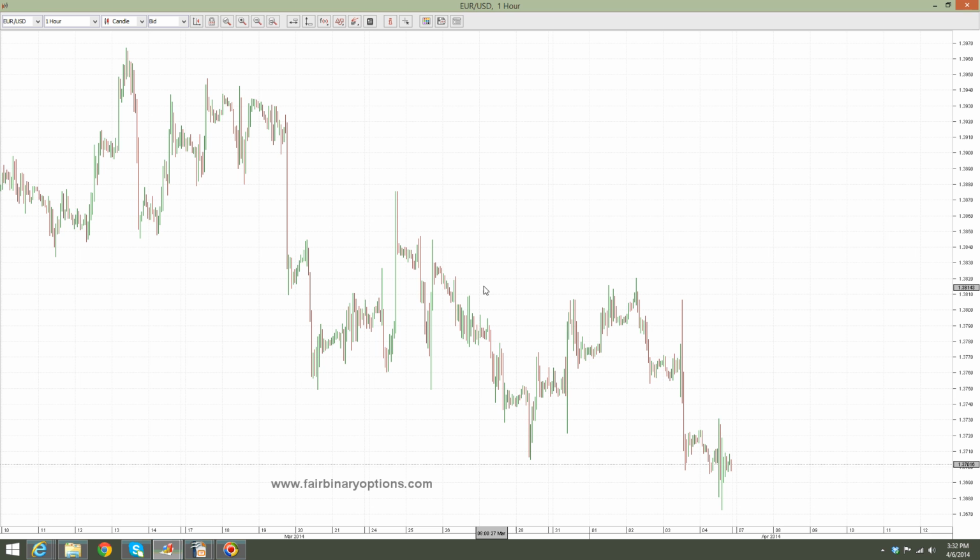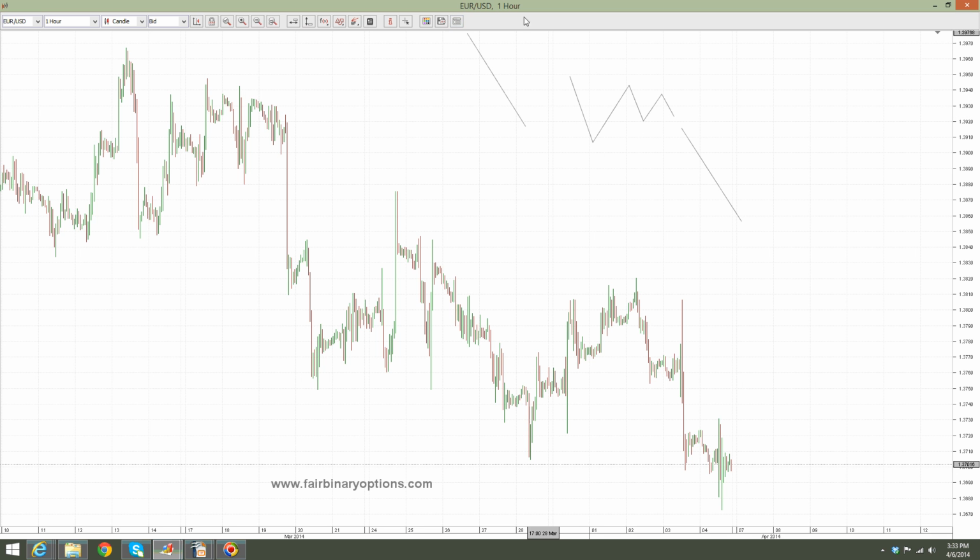Now, a contracting triangle first of all has 5 legs. So let's take a polyline, and it goes like this: A, B, C, D, E. So this is a contracting triangle. Whenever a contracting triangle acts as a continuation pattern, it means that price travels to the downside, for example, makes the triangular formation, and then continues in the same direction as the previous trend.